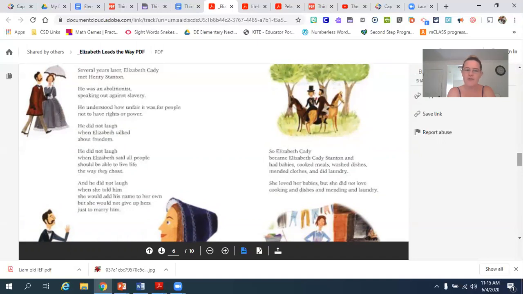And he did not laugh when she told him she would add his name to her own, but she would not give up hers to marry him. So Elizabeth Cady became Elizabeth Cady Stanton and had babies, cooked meals, washed dishes, mended clothes, and did laundry. She loved her babies, but she did not love cooking and dishes and mending laundry.